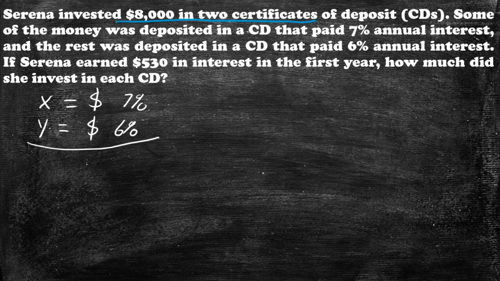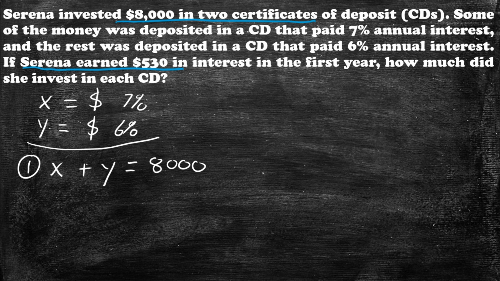So that means the amount of money in the first CD plus the amount of money in the second CD has to equal 8,000, which is her initial deposits. Okay. And now for the second piece of information for our second equation, we know that Serena earned $530 in interest.